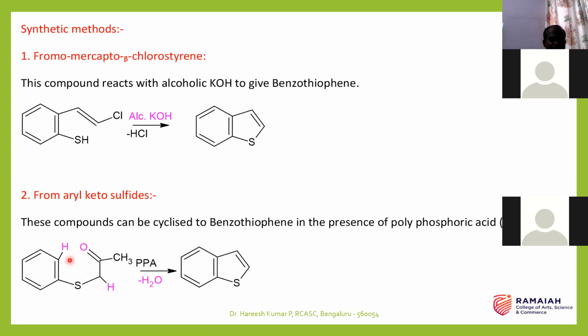One H from here, another H from here, and O, so H2O goes out. A new bond forms between this carbon and this carbon, and similarly a new double bond forms between this carbon and this carbon, forming benzothiophene as the product. These are the two methods of preparation of benzothiophene. With this, I will go to the next slide.